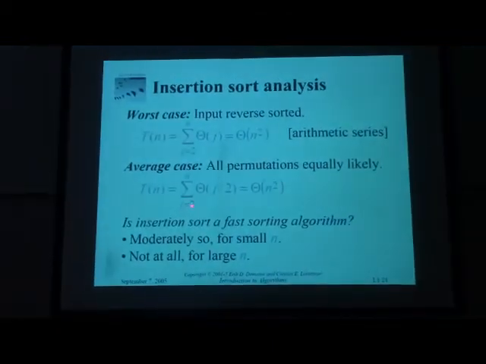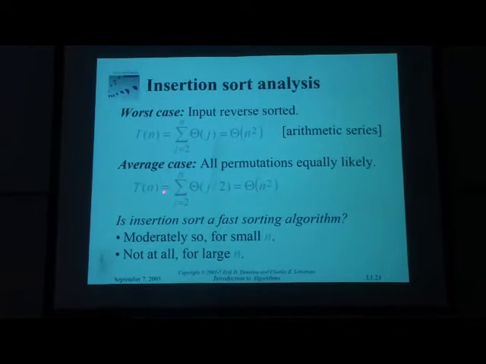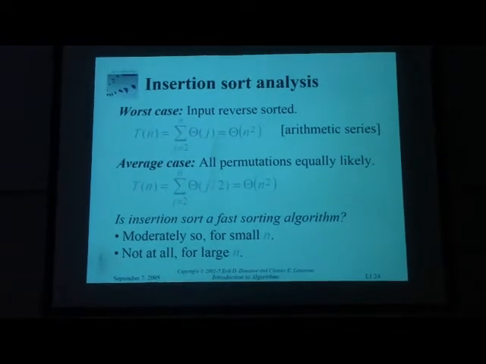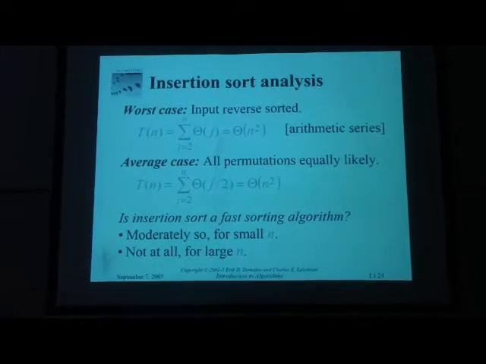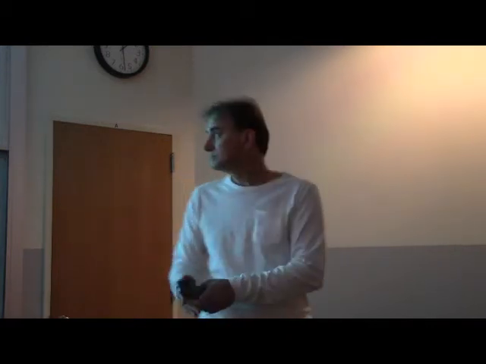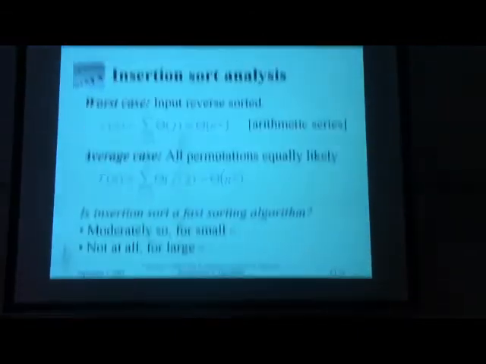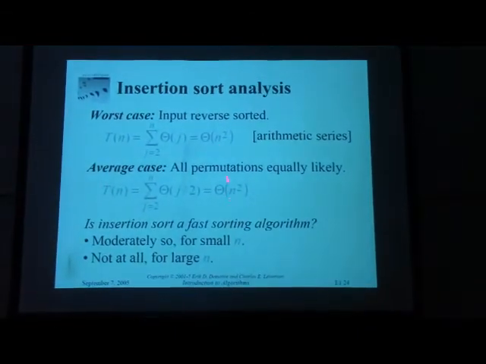When j goes to 4, it's going to be 4 over 2, or 2. So it's always going to be about half, because whenever you take an element out, it's always from 2 to n. If we take out this one, and this one is, for example, n over 2, there are only n over 2 elements in front of it, so that's the worst it's going to be. So we still have a theta of n squared.